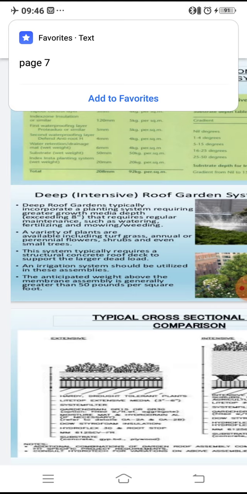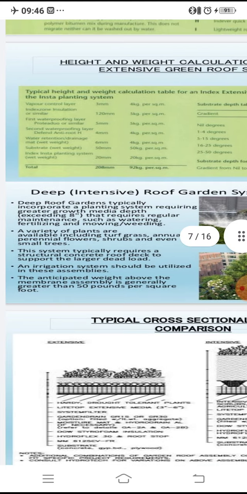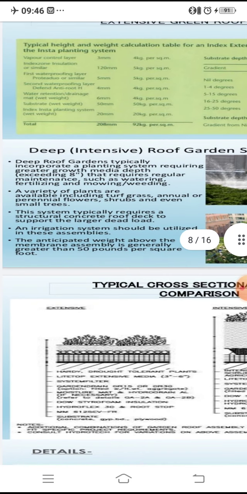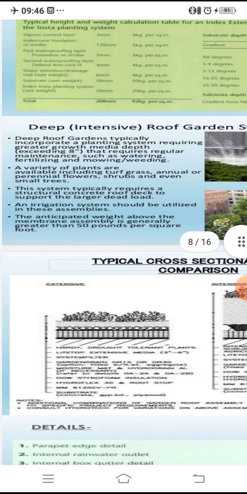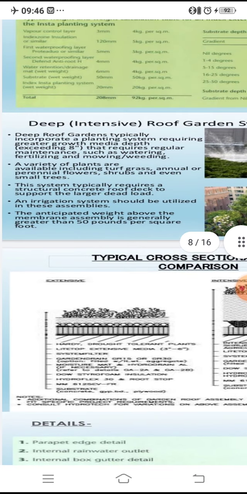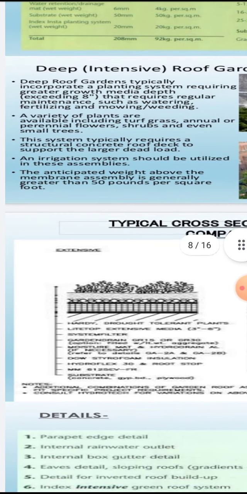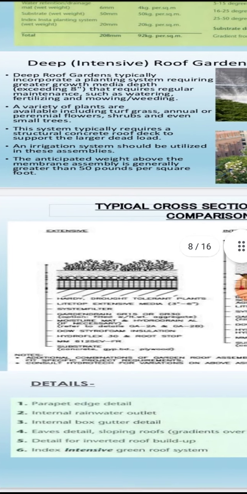I will send you the PDF for the observation in the group, so please go through the detail. Then the deep roof garden typically shows a system requiring greater growth media, right? Typically it requires irrigation, and the weight of the plant is also a factor.